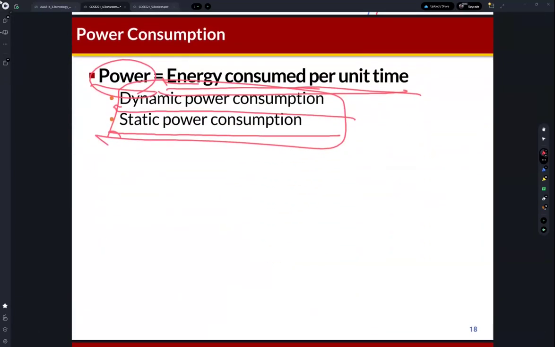And then in the previous class, we also learned about power consumption. This is a very important topic in computer system hardware, because as I mentioned, power is cost. Most transistor circuits are connected to VDD and ground.